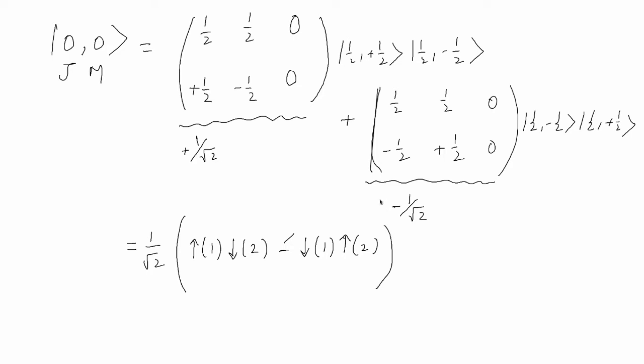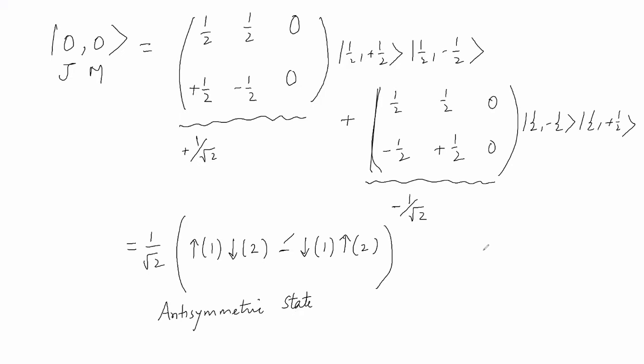And here if I interchange the two particles or the two states, then what you realize is that if I interchange these two states, I will pick up a negative sign. And that is why I call this state an anti-symmetric state.